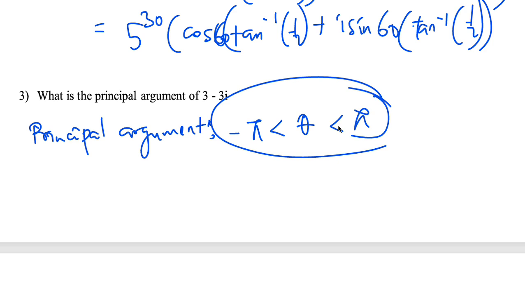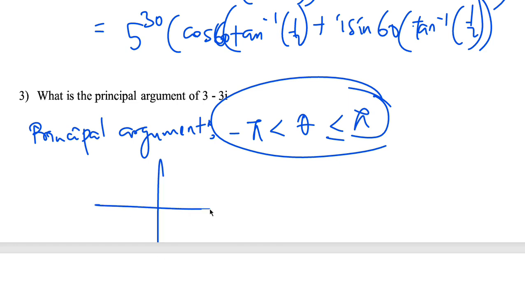So you can pause the video to attempt that question. What you simply do here is to represent the 3 minus 3i in the coordinate form so that you can understand it better, to get what the accurate value is.